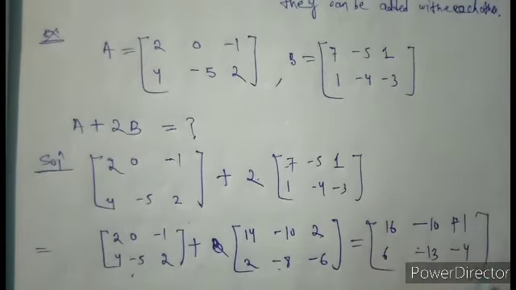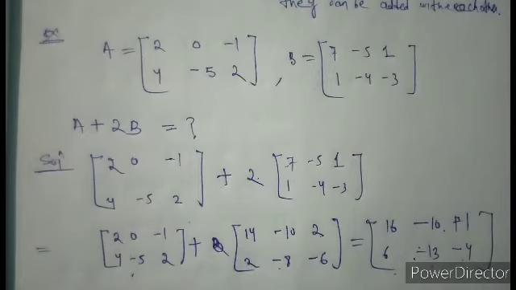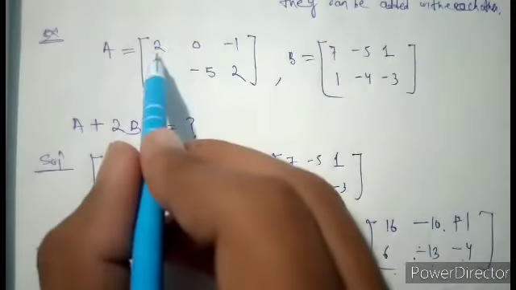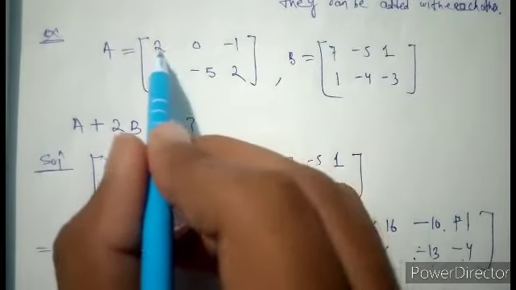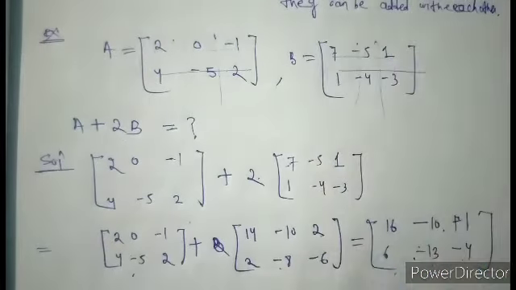So the answer is 16 minus 10 1, 6 minus 13 minus 4. So simply we have to add all the entries of the matrices if they have the same order. Here there are 2 rows and 3 columns, here also 2 rows and 3 columns.